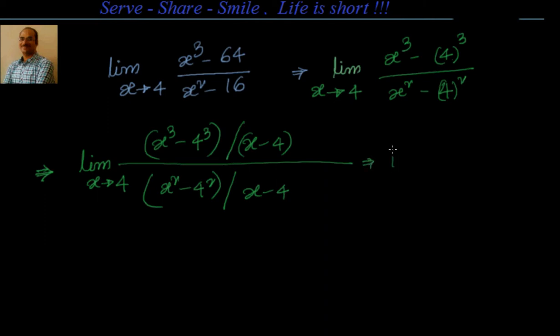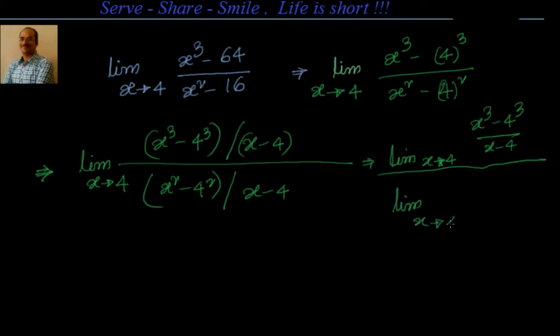But this is nothing but equal to limit. We can have individual limits now. I can say limit x tends to 4, x cube minus 4 cube by x minus 4, divided by limit x tends to 4, x square minus 4 square divided by x minus 4.